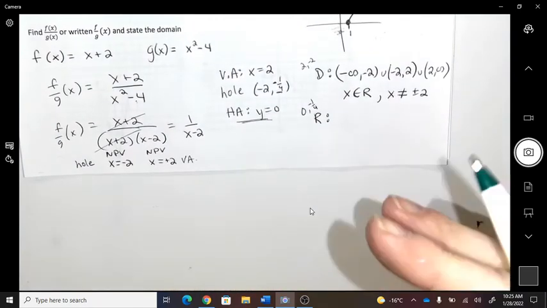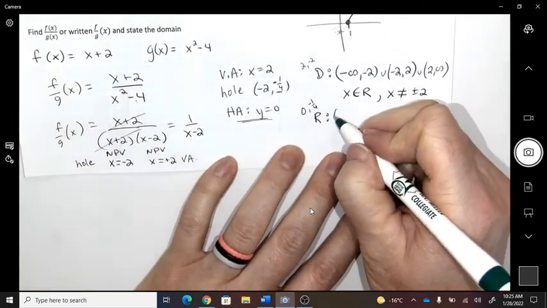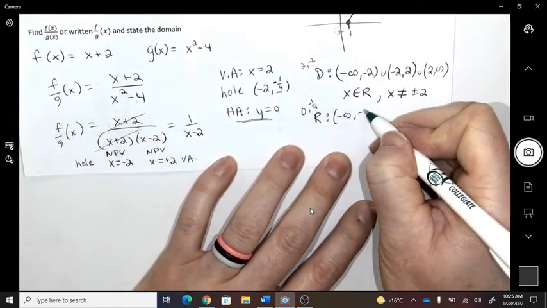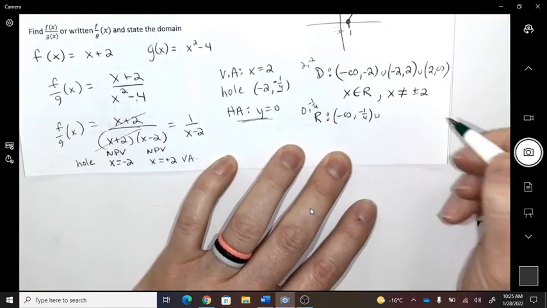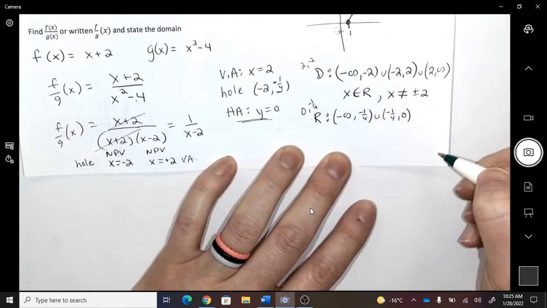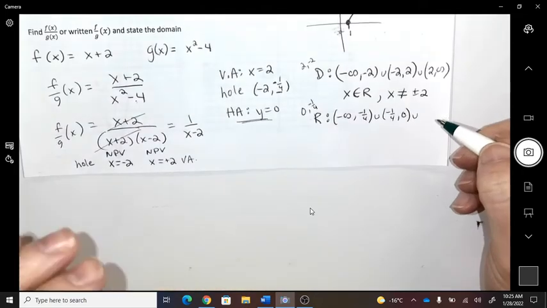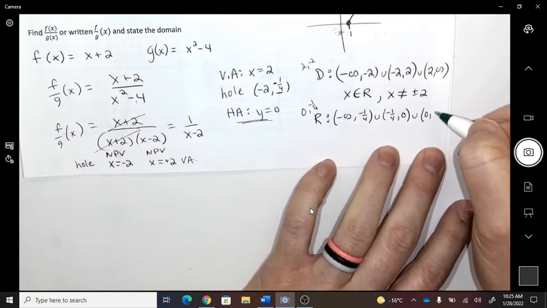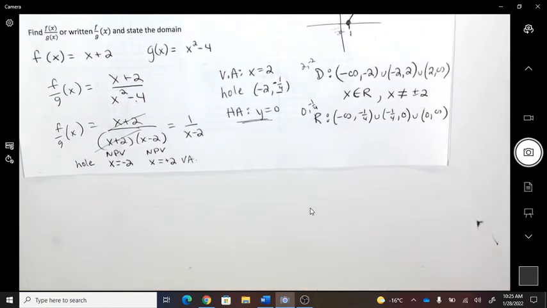Okay, so I can show you the two ways to write it. So negative infinity to negative a quarter. Skipped it. Then we went from negative a quarter to 0. We skipped that hole. And then 0 to infinity. So that's showing you you're skipping at negative a quarter and you're skipping at 0.